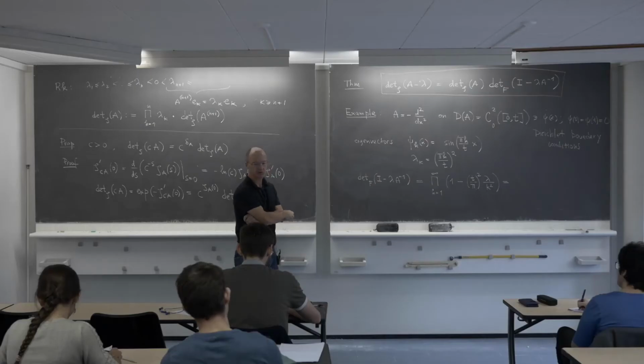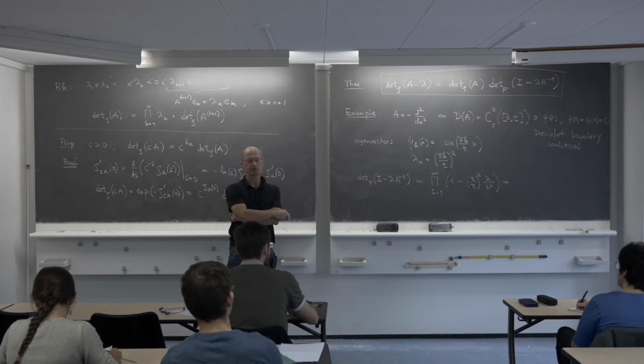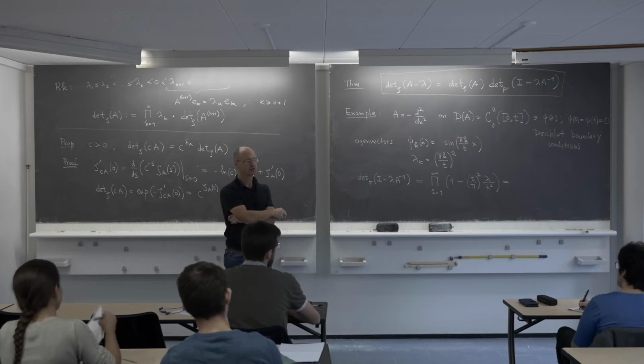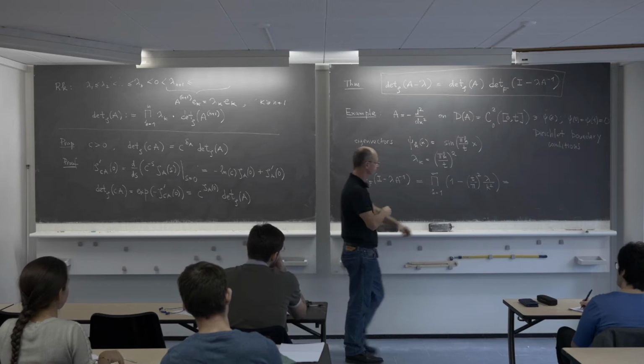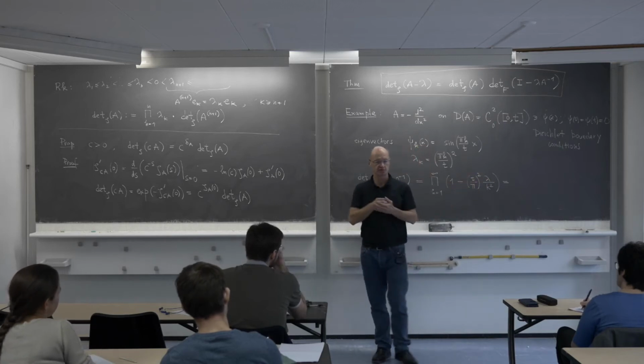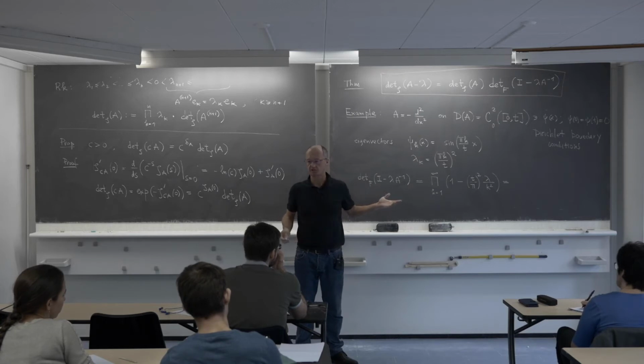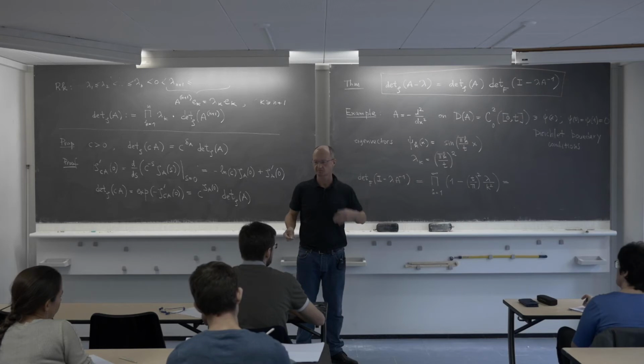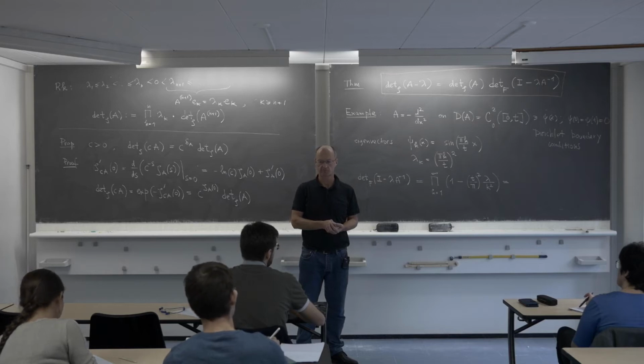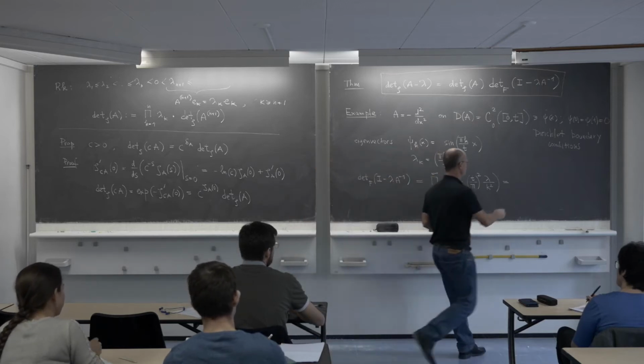So do you know what's the value of this infinite product? This is an entire function of lambda, a holomorphic function on the complex plane. What is this function? That's one of the standard facts from complex analysis. Sine. Yeah.